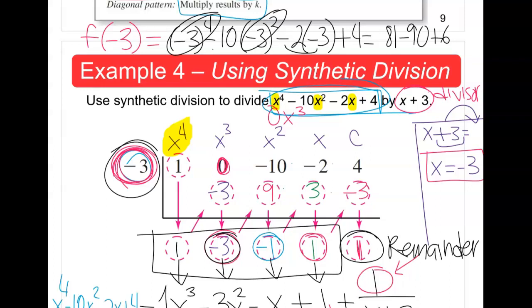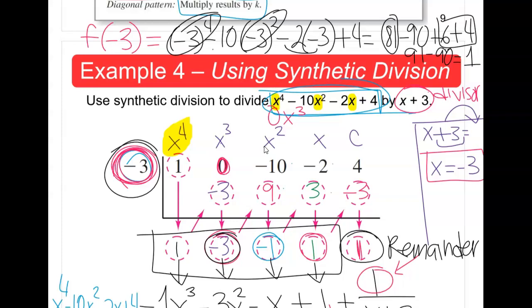Oops. And -2 times -3 is -6, and then plus 4. There we go. Now it will work. Okay, so if we consider the positive numbers, 81 plus 6 plus 4, that will give us 91. So 91 minus 90 is equal to 1.